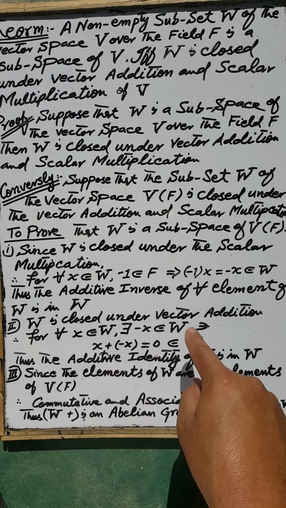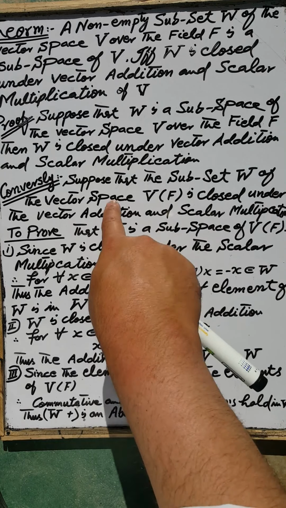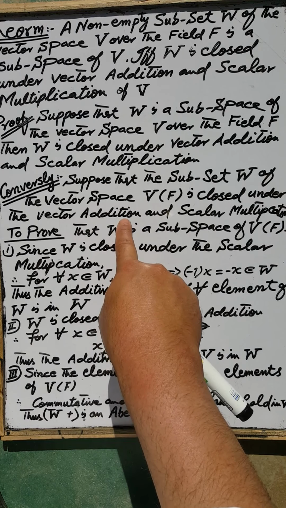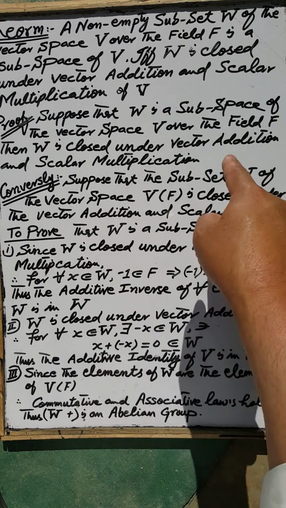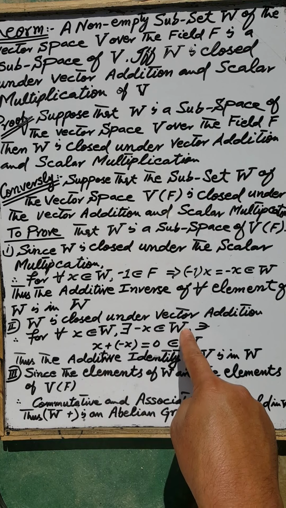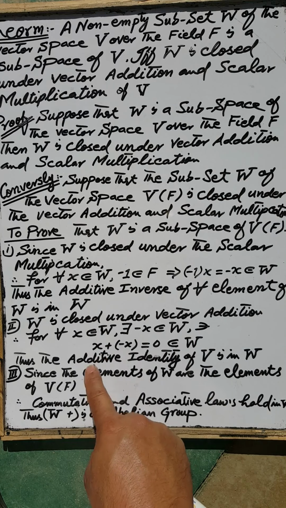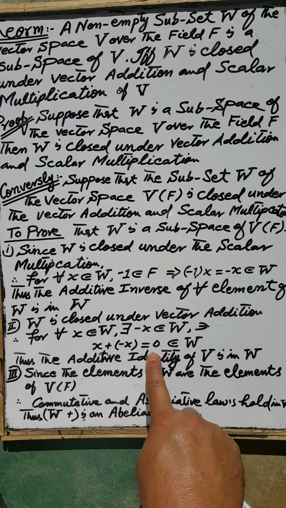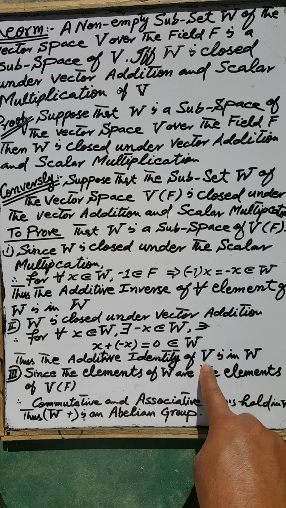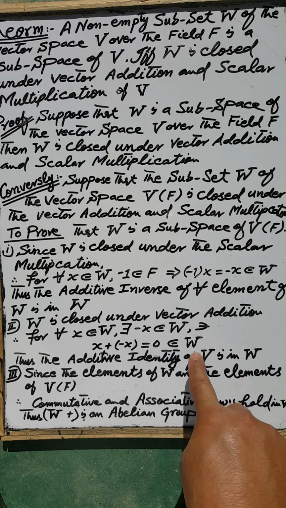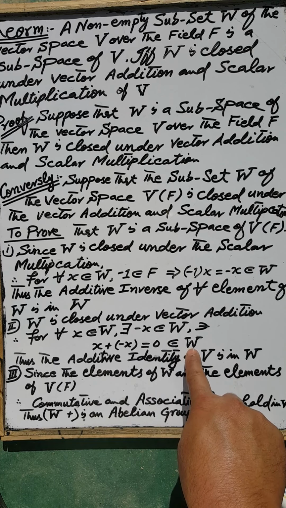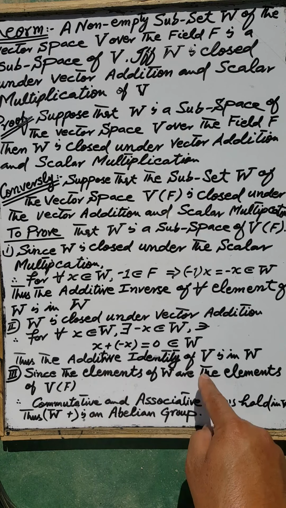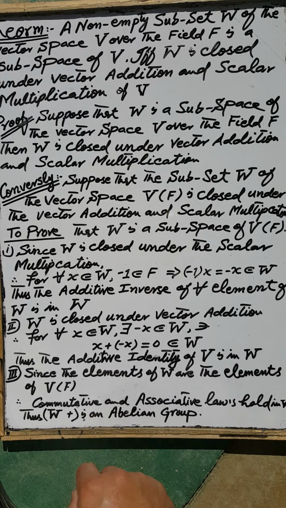This result must be contained in W according to our supposition, since W is closed under vector addition. That is, the additive identity of the vector space V over the field F is also contained in the subset W. That is, the additive identity of V is in W.